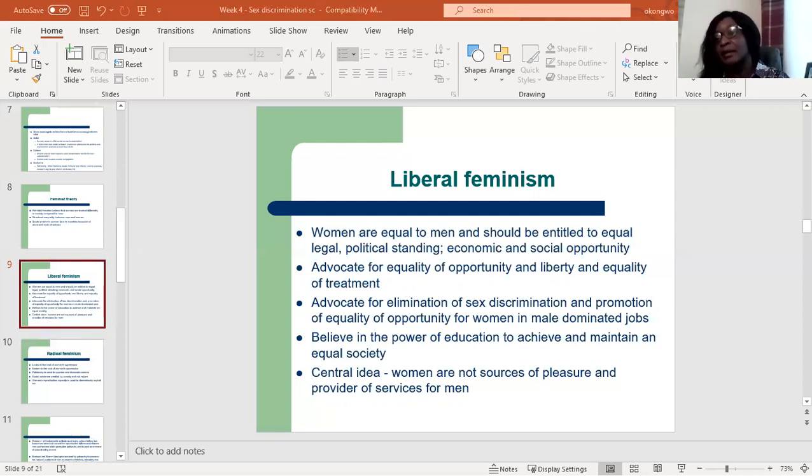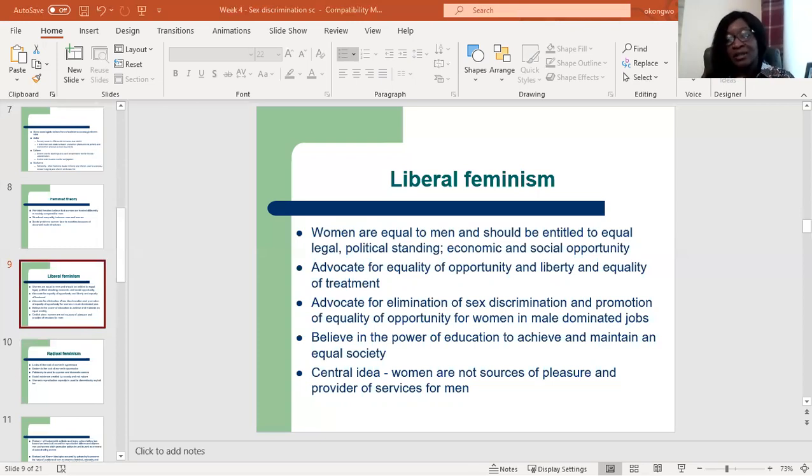as a human being. They also advocate that sex discrimination should be eliminated and that women should be given opportunities to go into male-dominated jobs. People should be allowed to work in whatever job they qualify in or want to do.